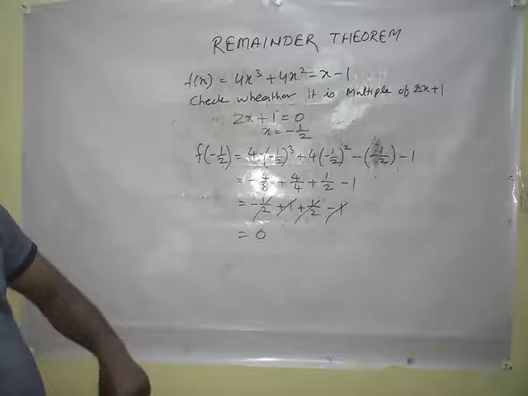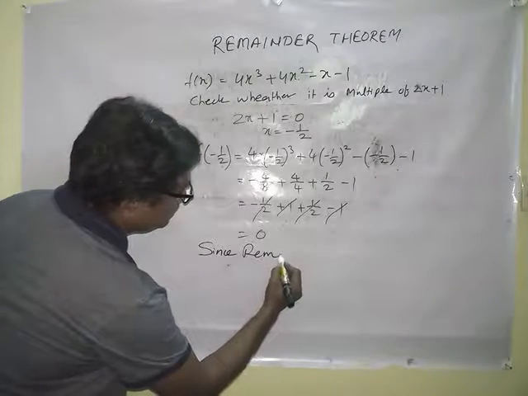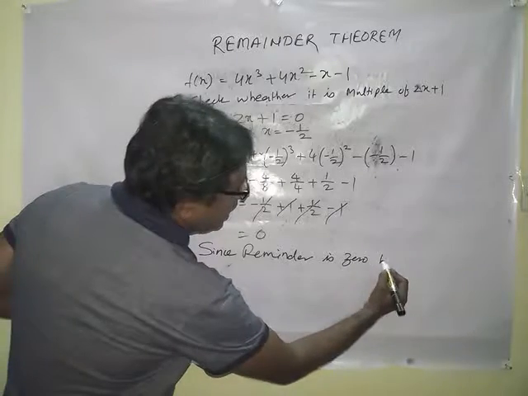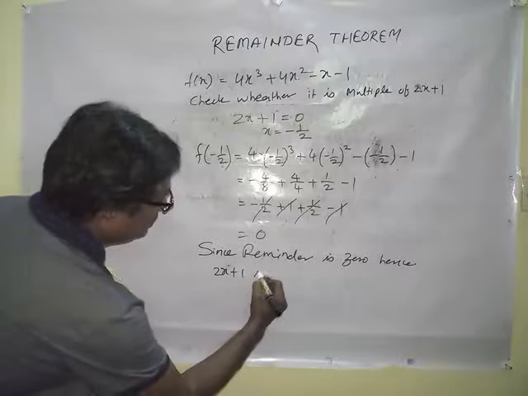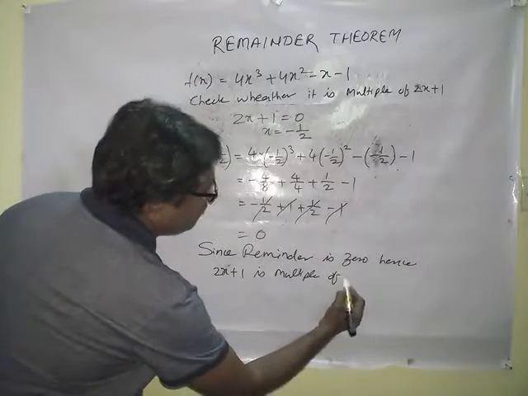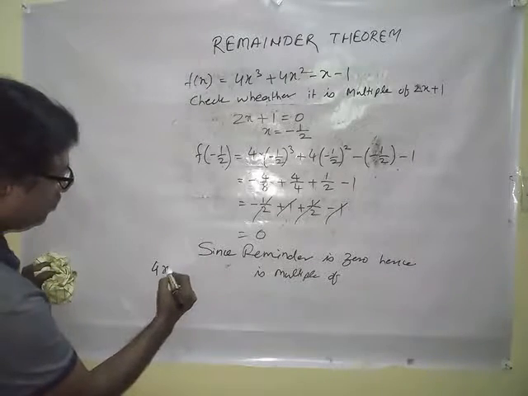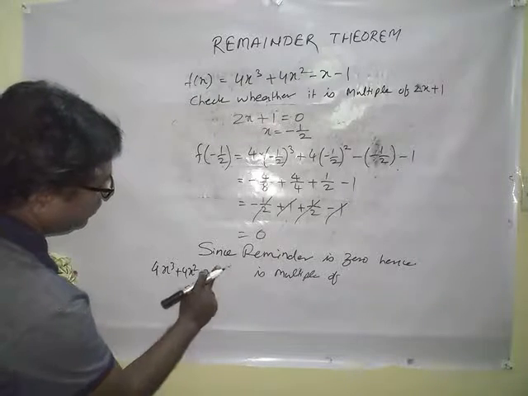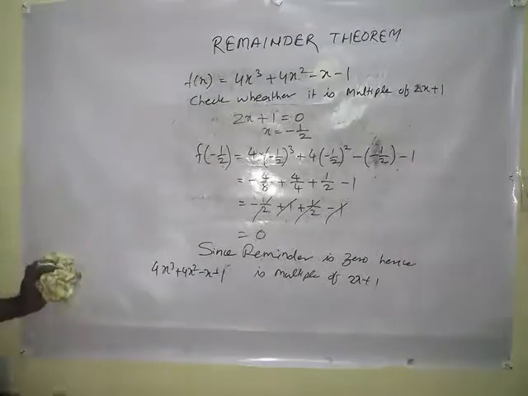Since the remainder is 0, you can write, since remainder is 0, hence 2x plus 1 is a factor, hence 4x cube plus 4x square minus x minus 1 is a multiple of 2x plus 1.